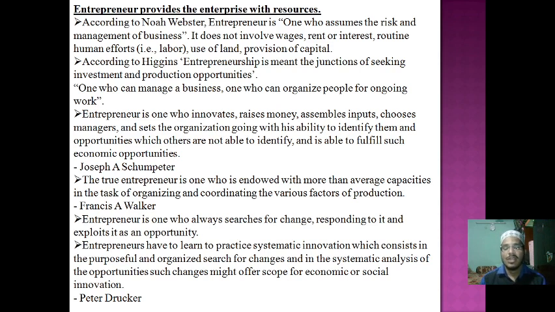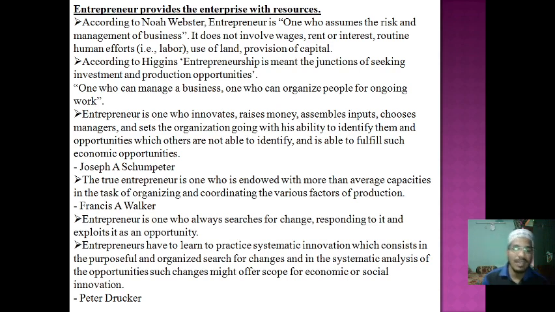He said the true entrepreneur, the true person, is one who takes the average capacity in the task of the organization, and according to the various factors of production exploits an opportunity.